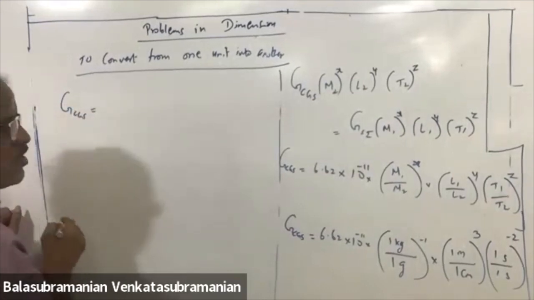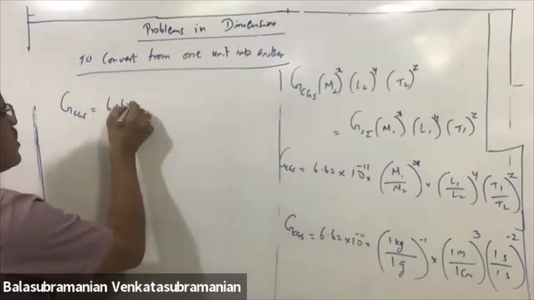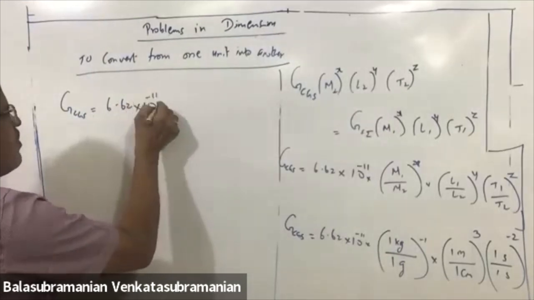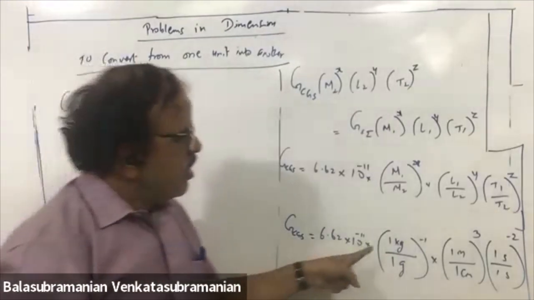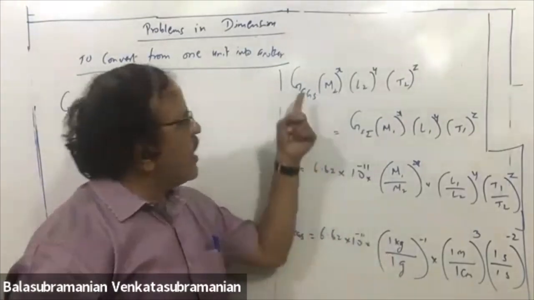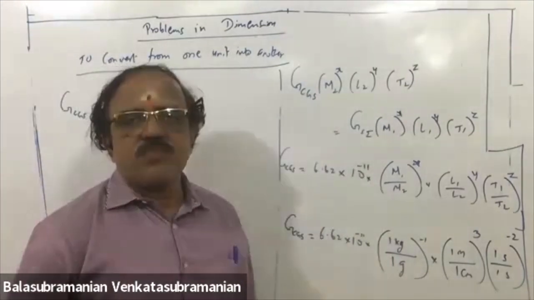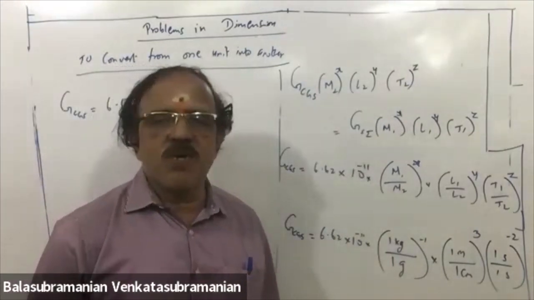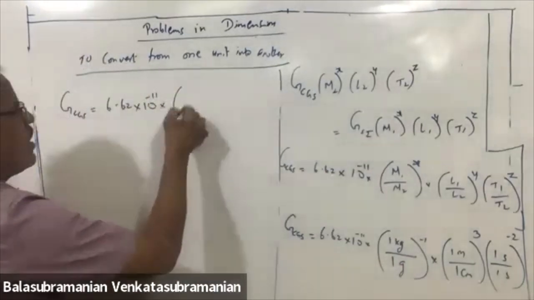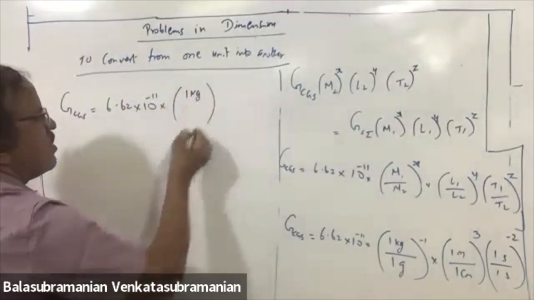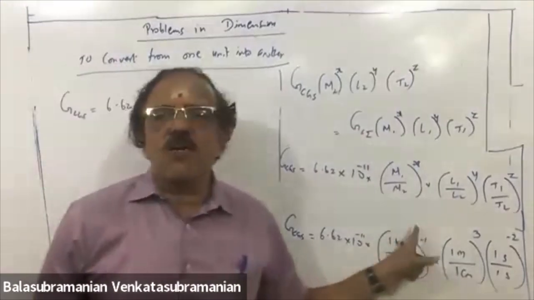So G CGS is equal to 6.62 into 10 power minus 11. You have to convert kilogram to gram. CGS unit only you have to convert. So 1000 gram is 1 kilogram.